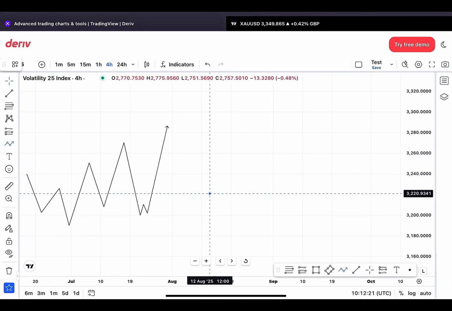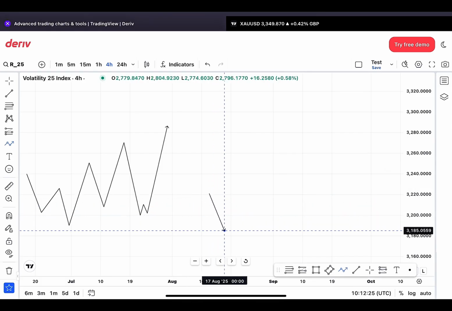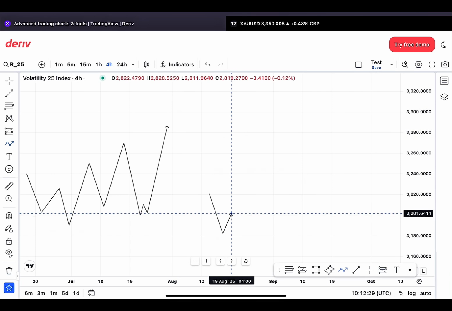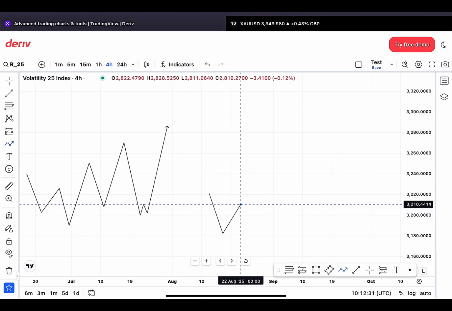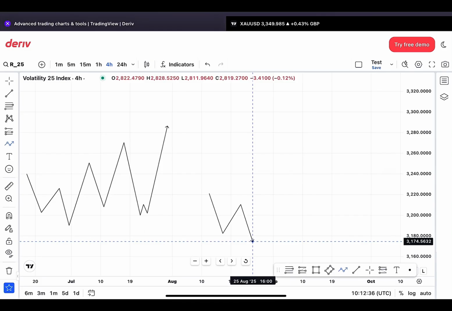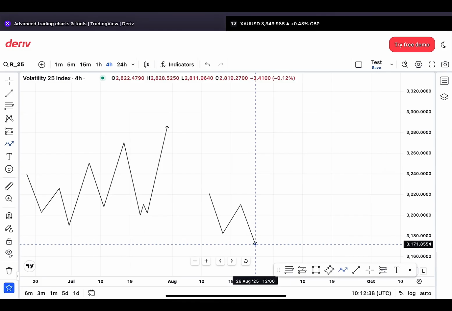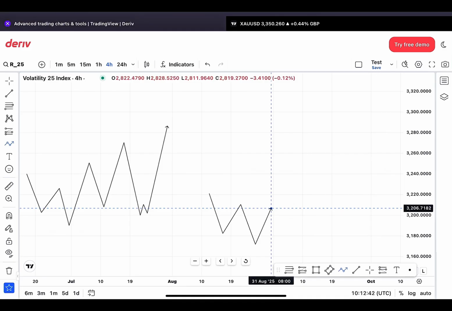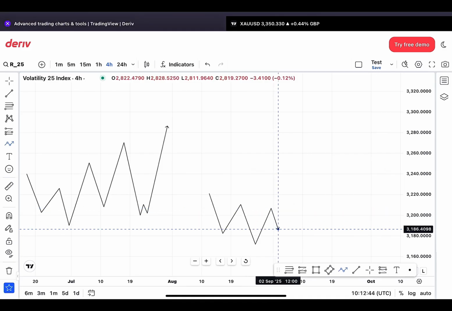We have something like this. Sweep to the downside.